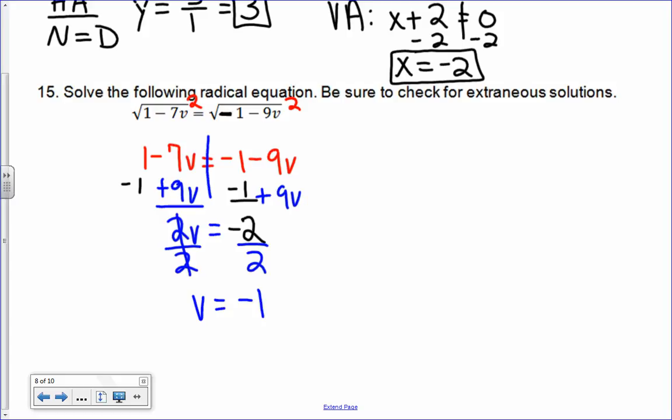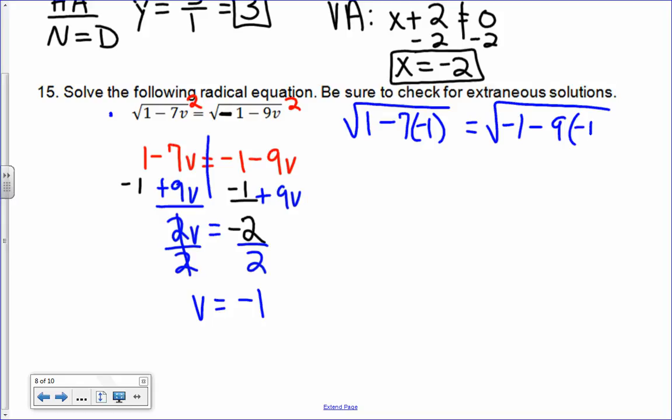So I'm going to check to see if that works. I'm going to check it back in the original equation. So I got the square root of 1 minus 7 times negative 1 equals the square root of negative 1 minus 9 times negative 1. Now, obviously you can't punch the whole thing in your calculator. You punch the left in first, okay?